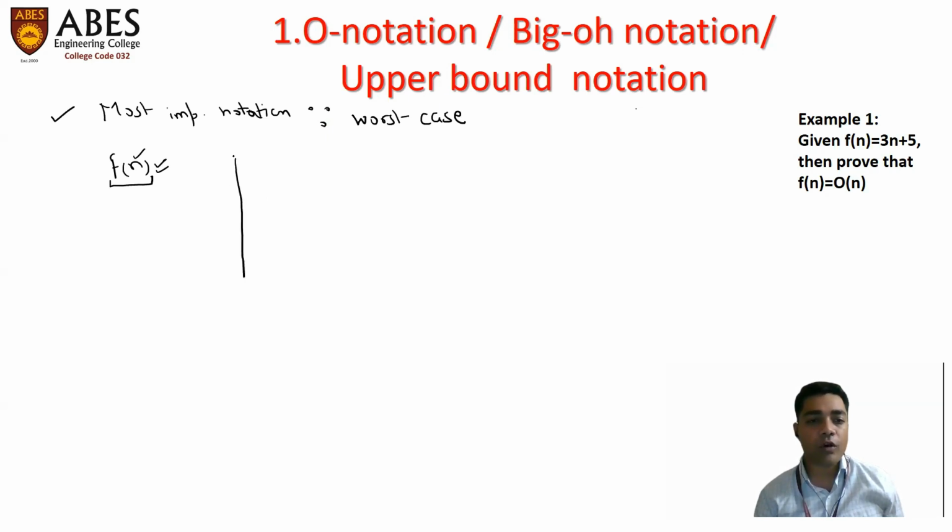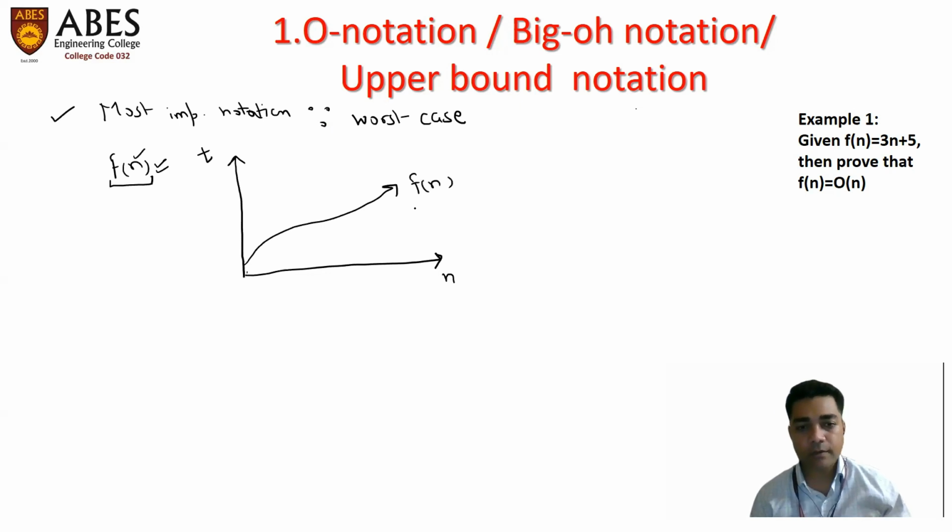Let me just draw a graph. On the x-axis this is n, the number of inputs, and it is increasing with respect to time. Let's say this is the f(n) graph. Now how do we bound it such that I can find the worst case?